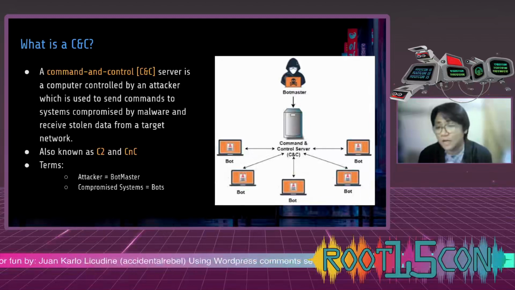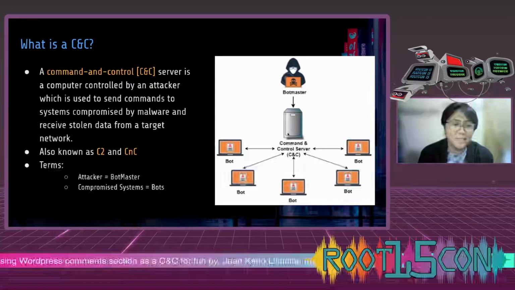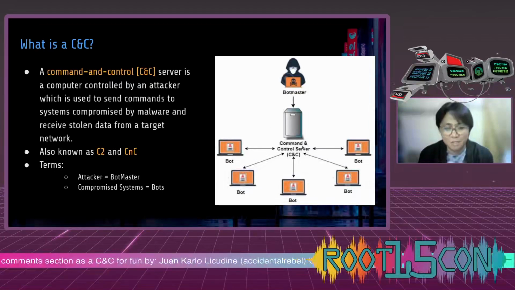If you would look at the diagram right here on the right, we have our command and control server. This can be any computer, it can be a server, it can be anything. And this is what we use as our communications channel so that the bot master or the attacker can communicate to the bots that are located anywhere in the world.